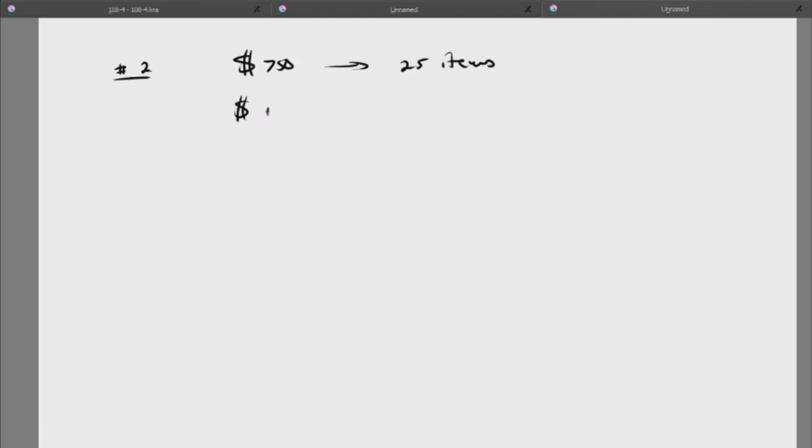I have $1,000 and that goes with 50 items. And then they say my cost function is what I'm looking for. And once I have that, I can answer everything. And they say it's linear.